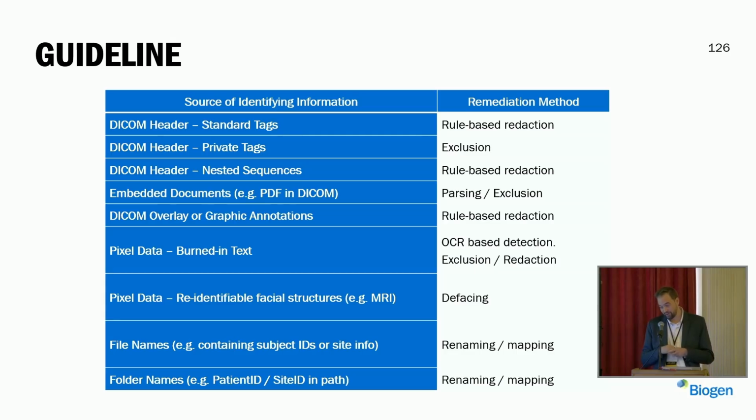Then we have the re-identifiable facial structures. So this is in an MRI, and we're talking about the defacing. What I didn't talk about is that the way you actually remove the face is kind of fascinating, and you can look up some of the tools here, but they actually cut the face off of the MRI image.